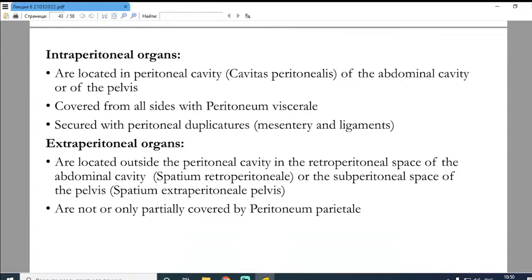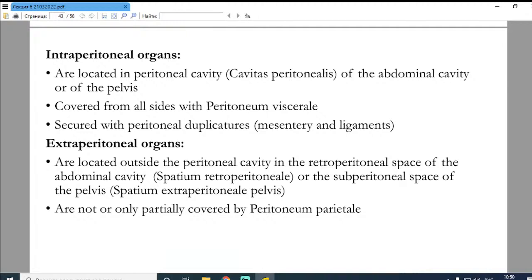Intraperitoneal organs, extraperitoneal. Intraperitoneal organs are located in the peritoneal cavity, cavitas peritonealis of the abdominal cavity or of the pelvis, covered from all sides with peritoneum viscerale and secured with peritoneal duplicatus at the mesentery and ligaments.